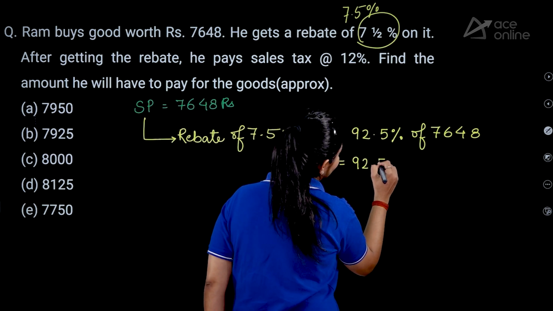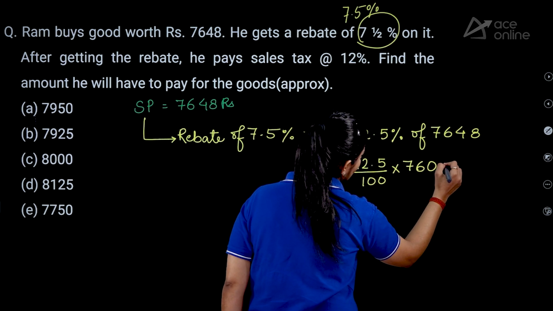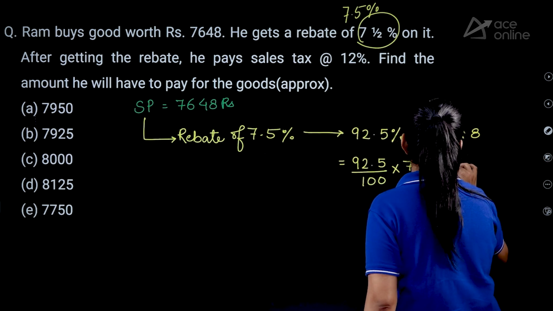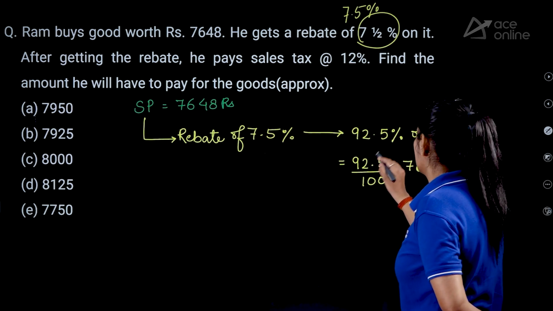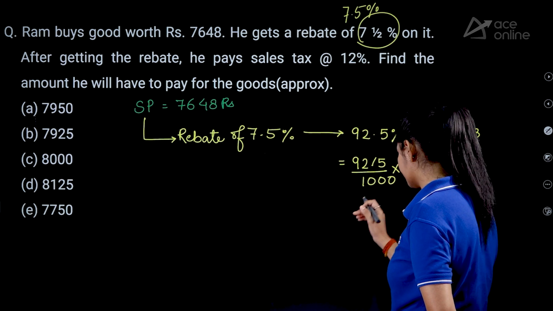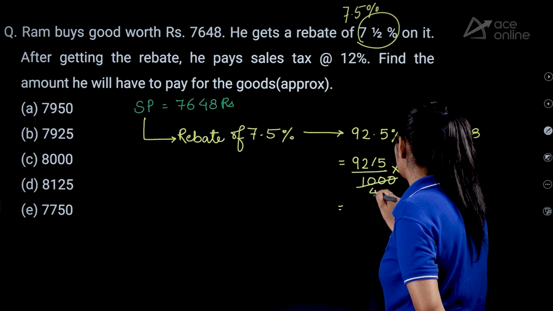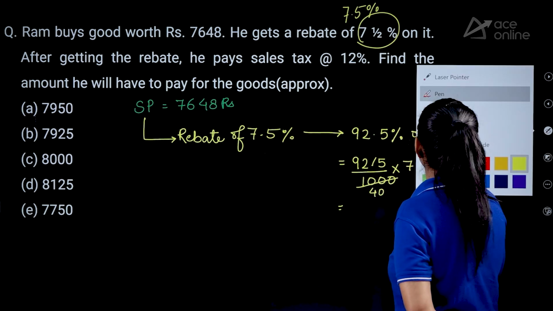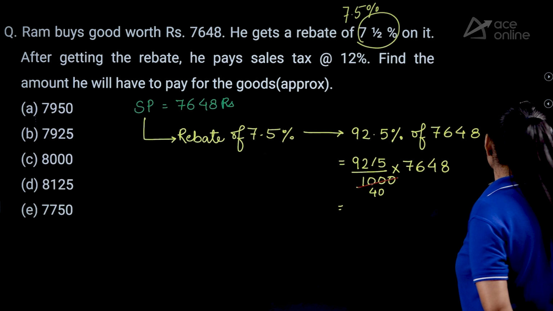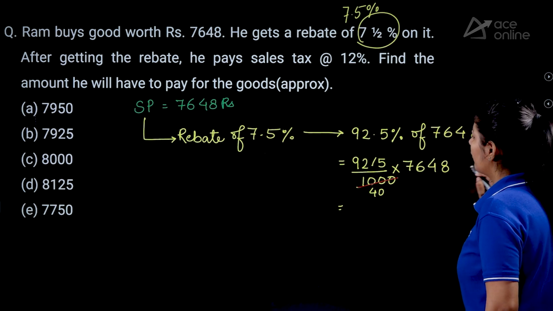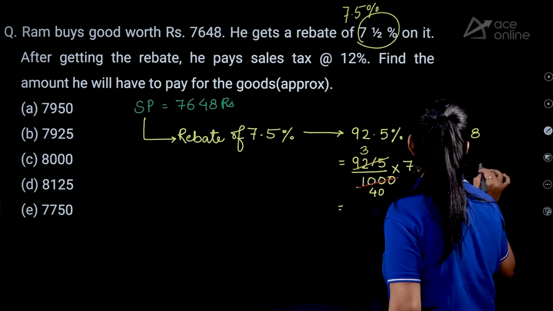So 92.5 by 100 into 7648. Okay, so here if we eliminate it with the help of 20, 5, we get 40 over here, and here we are getting 37.